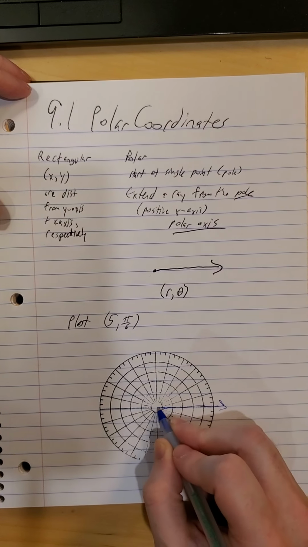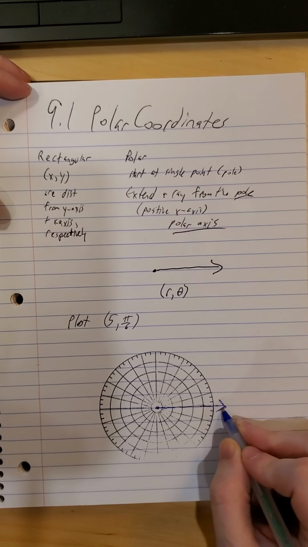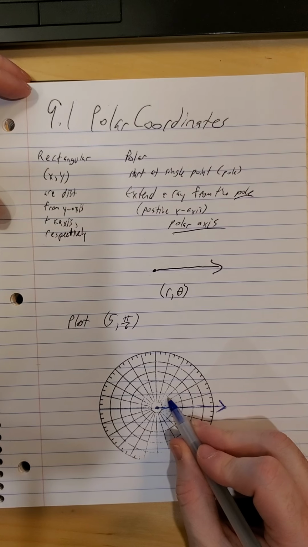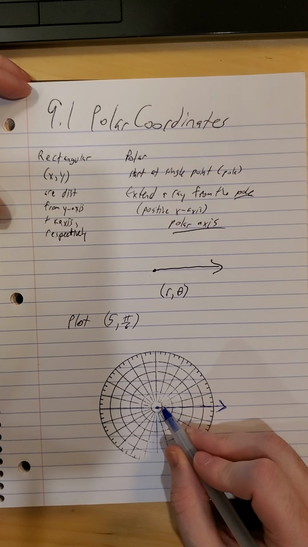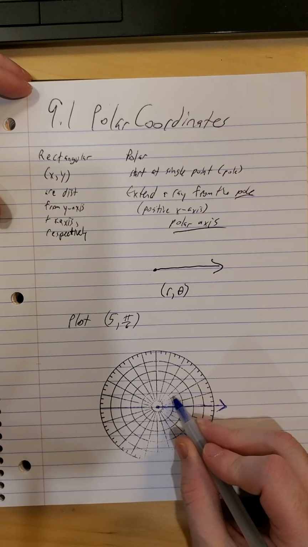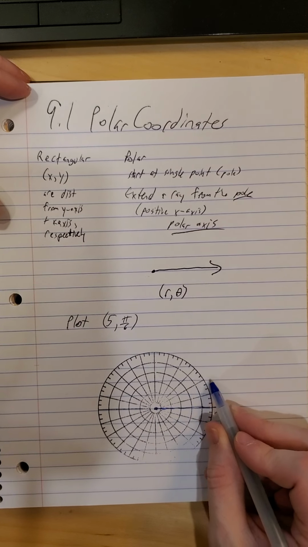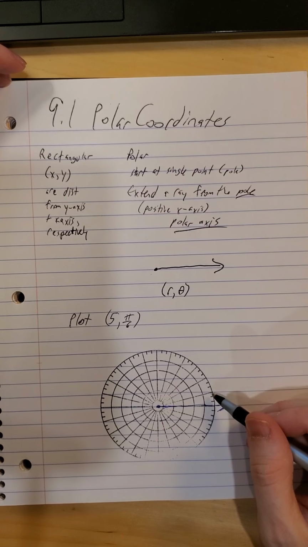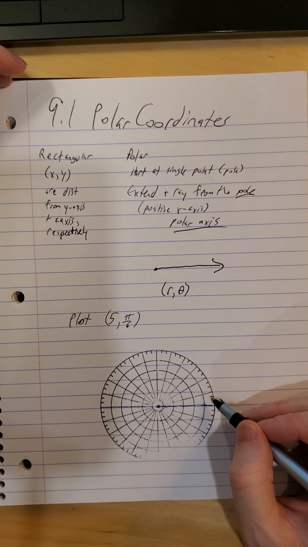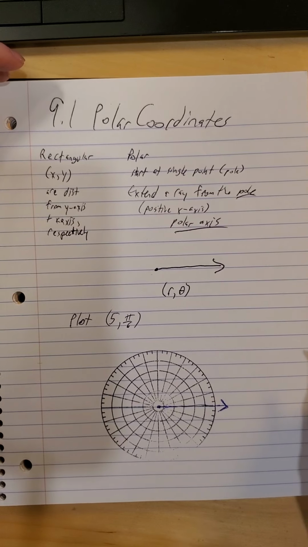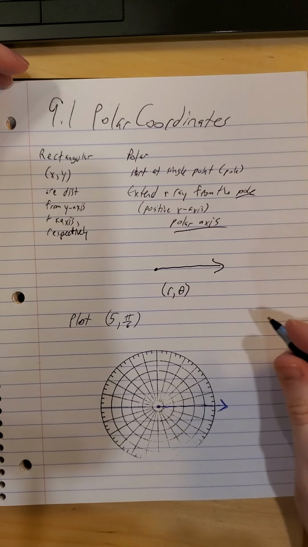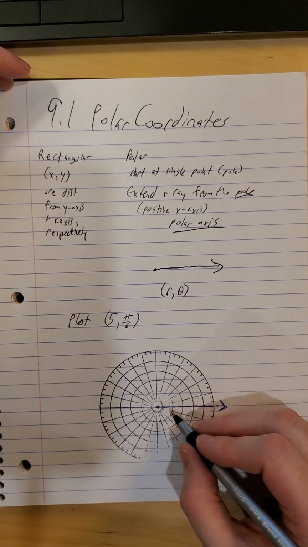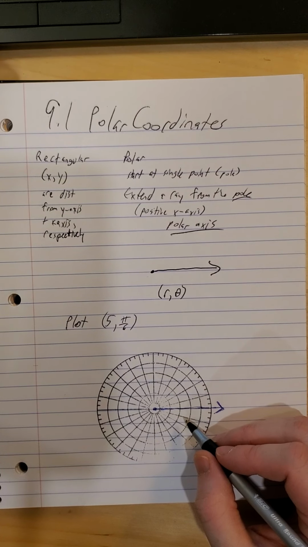Okay, so there's our pole, and there's our polar axis going this way. Each of these lines is 1 unit apart. The distances are the same each time. And these count, if I recall, by 15-degree increments. So to go to 5 comma pi over 6, I'll find my pi over 6 angle.